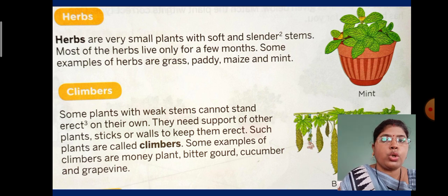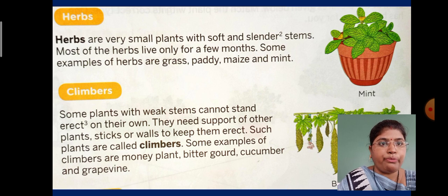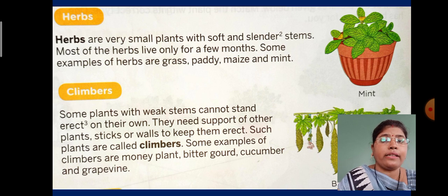So herbs are very small plants and they have a somewhat weak stem also. The stem of herbs is somewhat green and thin compared with the shrubs. Keep this in mind and see the plant shown in the picture, that is a mint plant, an example of an herb.